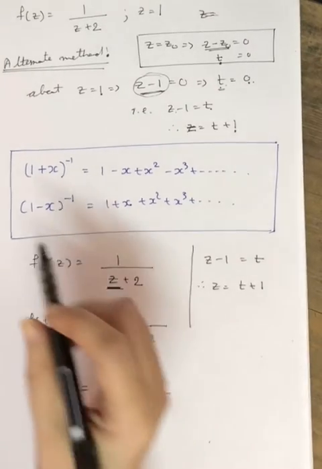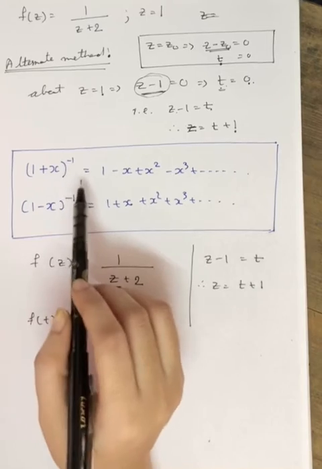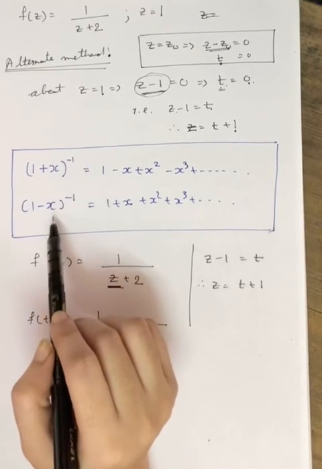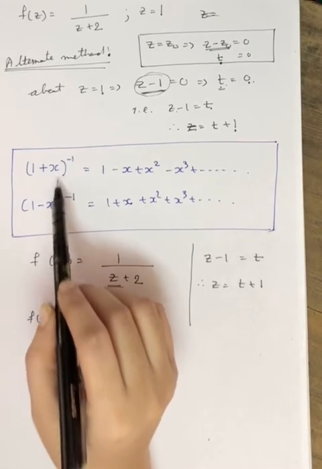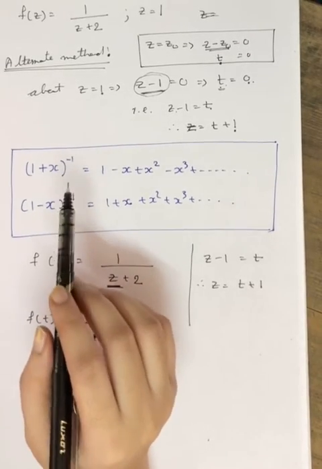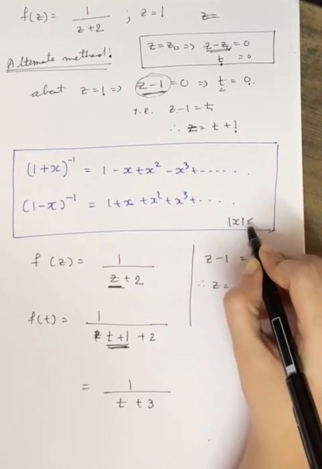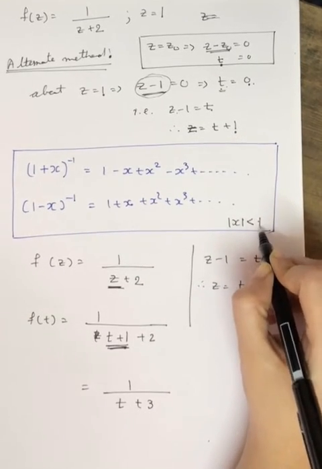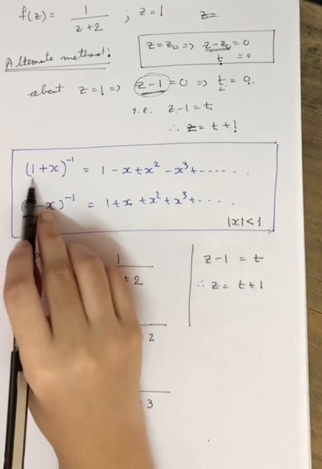Now you see here that you need to know a couple of facts about this binomial series expansion, and it is that in both these formulas there is one condition: the mod x must be much less than 1. Only in that case can you apply this formula.